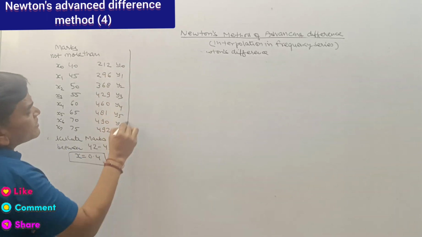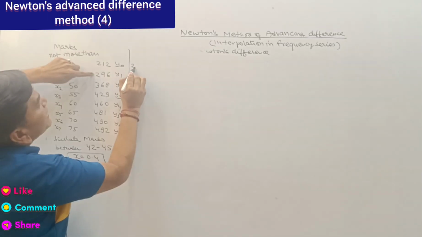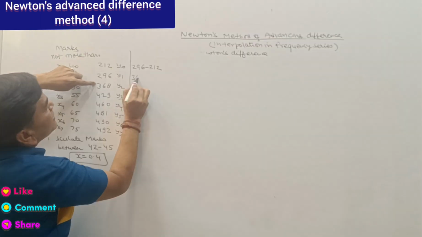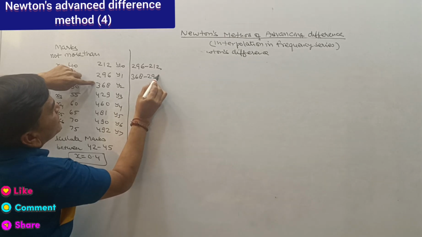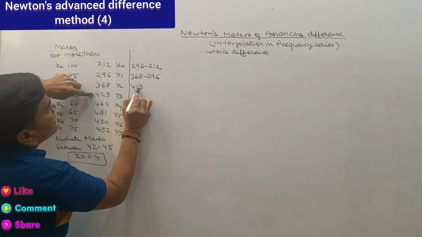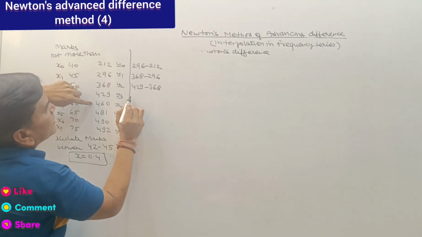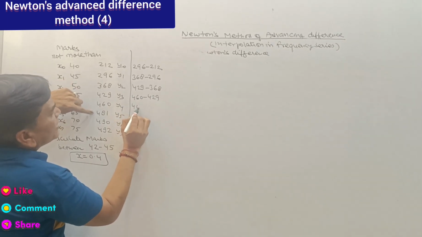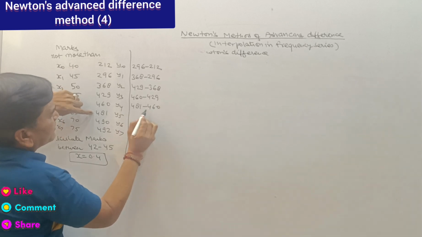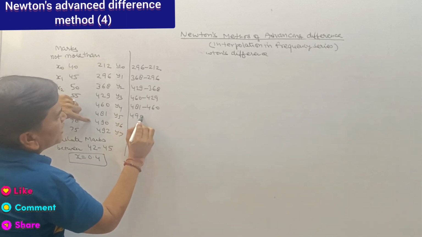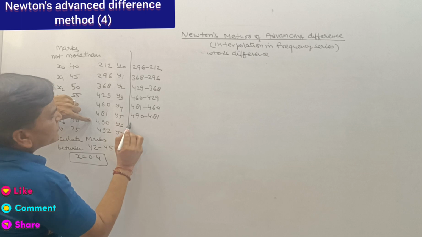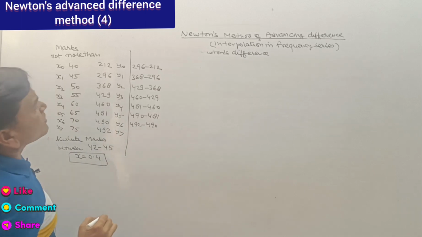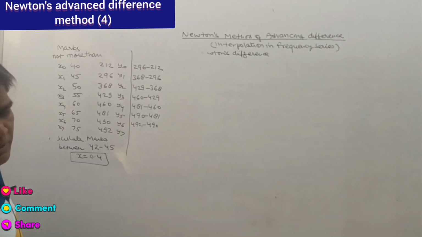The first differences are 296 minus 212, 368 minus 296, 429 minus 368, 460 minus 429, 481 minus 460, 490 minus 481, and lastly 492 minus 490. A lot of calculation is required in this question.